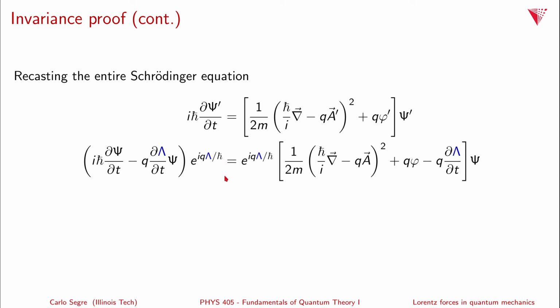So then you have e^(iqλ/ħ) times the quantity 1/2m, and then we have (ħ/i ∇ − qA) squared, and we just showed that this term is identical to this term with the multiplication of e^(iqλ/ħ), so we can make that substitution directly. Then we have to replace φ′, and we replace it with its equivalent, which is qφ minus q dλ/dt, ψ.